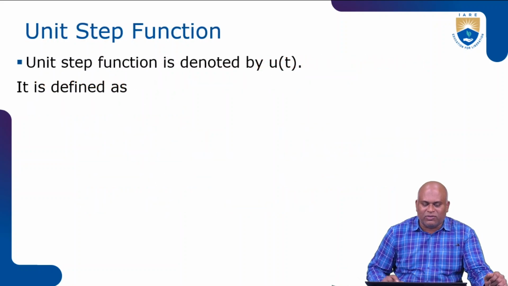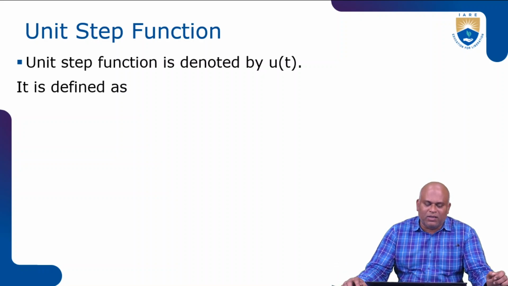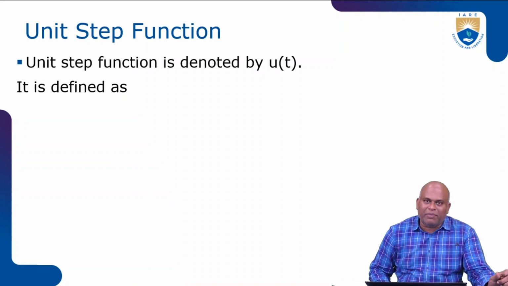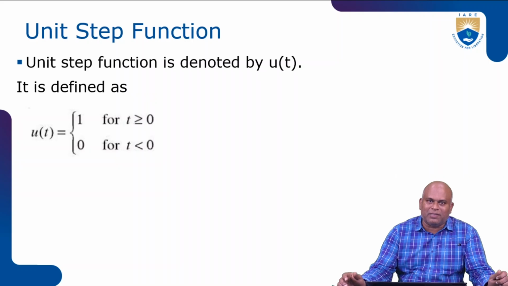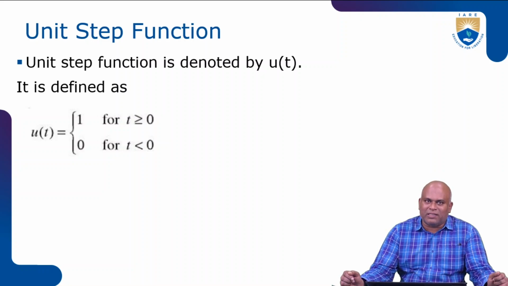First, we should go for the unit step function. The unit step function is defined as u of t. It is described in mathematical form as u of t is equal to 1 for t greater than or equal to 0. For t less than 0, it is represented as 0.